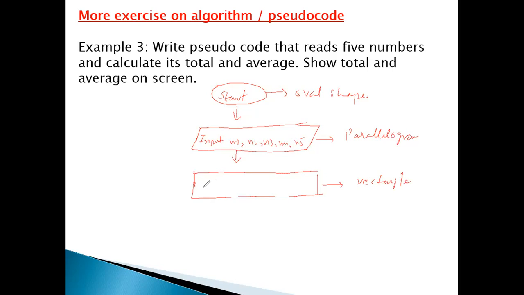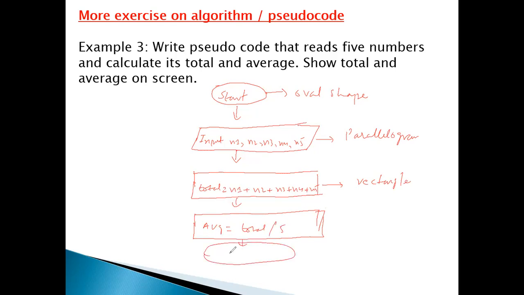Here we'll write total equal to N1 plus N2 plus N3 plus N4 plus N5. Okay, for average, remember, for process purpose, we draw a rectangle. So you can write again average equal to total divided by 5. Then you will end; for end or stop purpose, you use the oval shape. Got the idea?